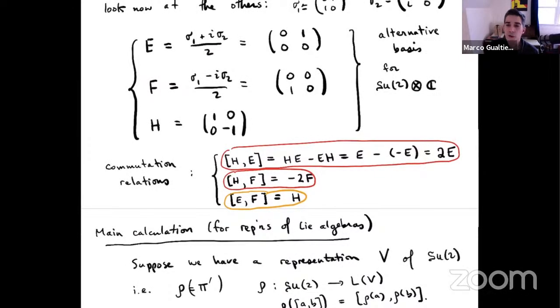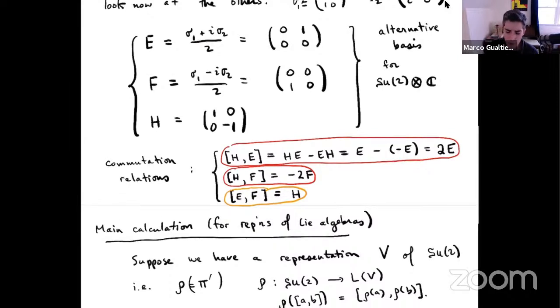If you want a fancy interpretation for this, I would say that the little ad action of H on E is 2E, which means that E is an eigenvector for the little adjoint action of H. And F is an eigenvector of little ad H with eigenvalue -2.